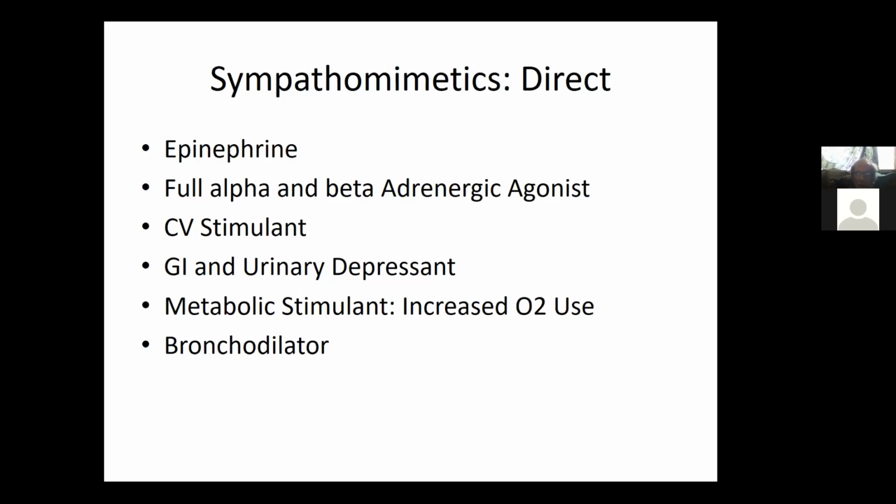On the vascular side, it's more complicated, and there are both substantial alpha and beta components. So, for example, alpha adrenergic vascular stimulation mostly is vasoconstrictor actions, whereas the beta component is a vasodilator action.